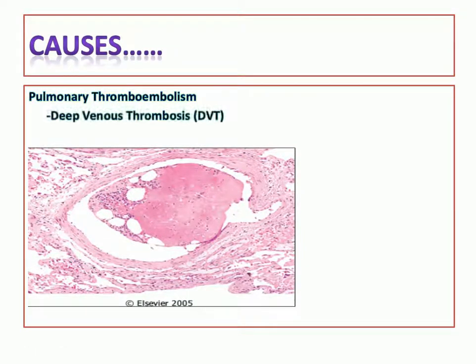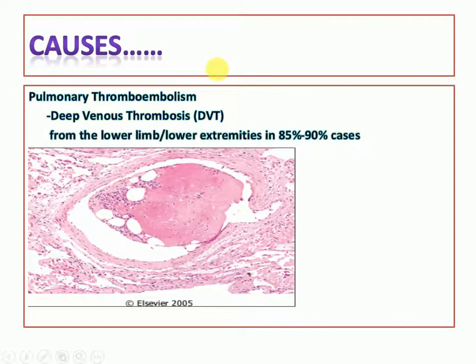And always, pulmonary embolism or pulmonary thromboembolism, in a large percentage, about 85 to 90 percent of cases, occurs due to deep venous thrombosis, and this deep venous thrombosis originates from the lower limbs or lower extremities.